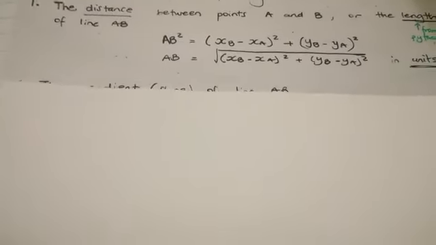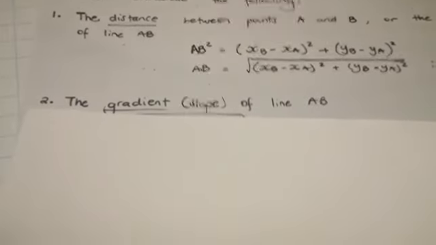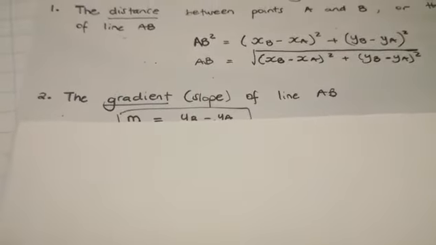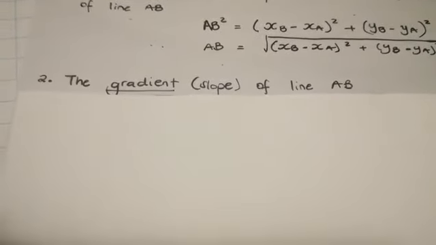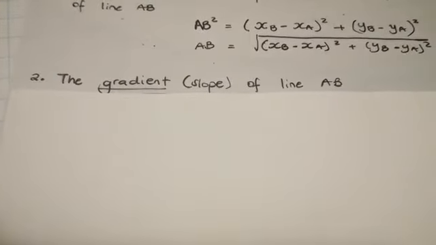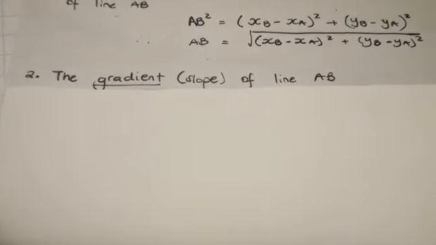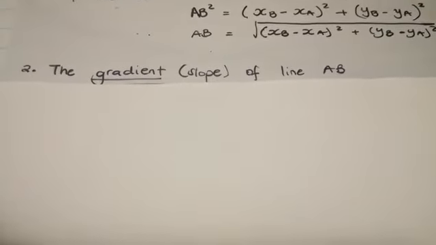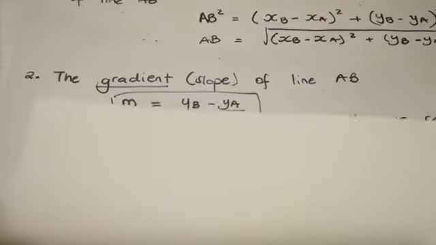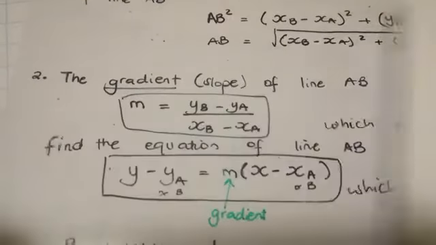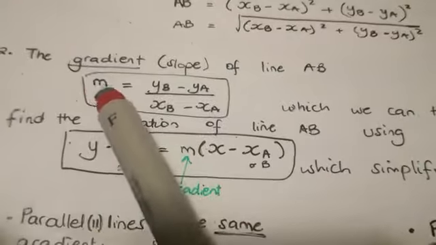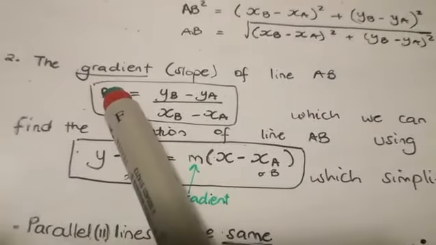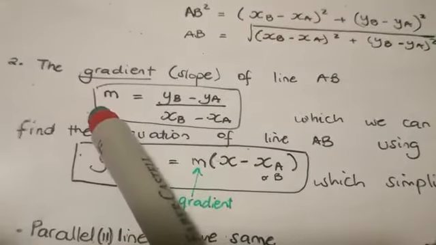The second thing that you calculated was the gradient or the slope of the line AB. Remember the slope or the gradient is how steep the line is. The gradient uses again the two coordinates that you have. We use the small letter m to represent the gradient.